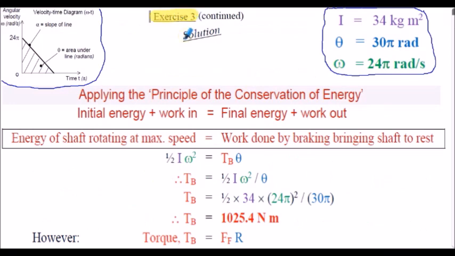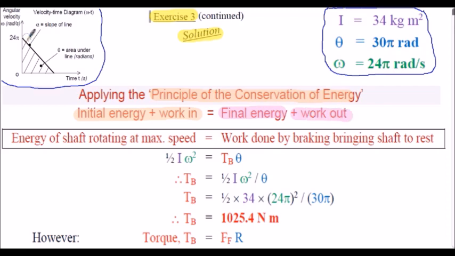Exercise 3, solution continued. I just repeated the angular velocity time diagram here and some information from the previous slide for our convenience. Let's now apply the principle of conservation of energy. So initial energy plus any work into the system is equal to the final energy plus any work out of the system.